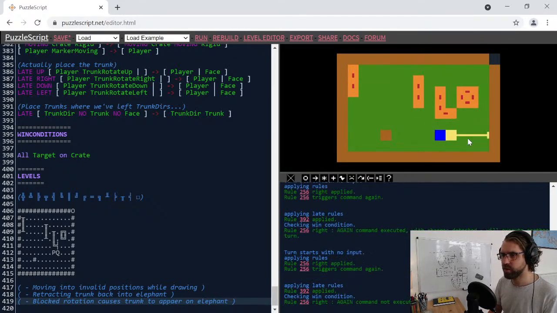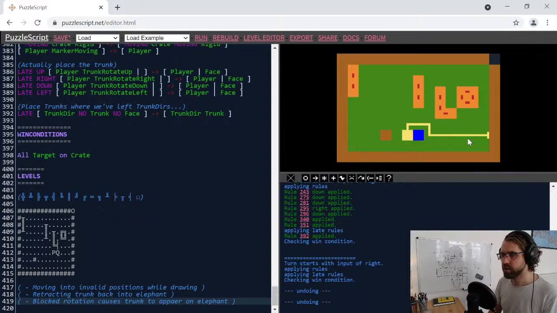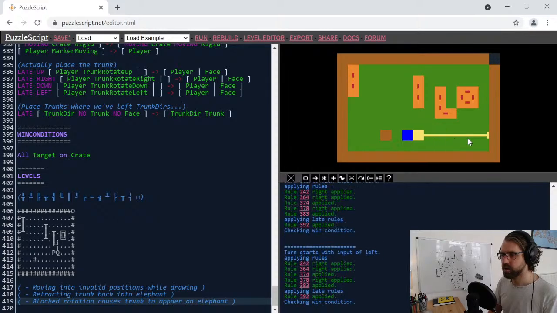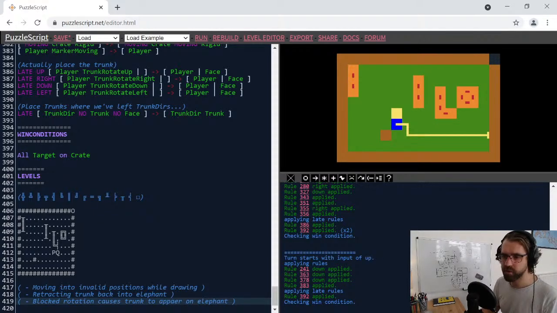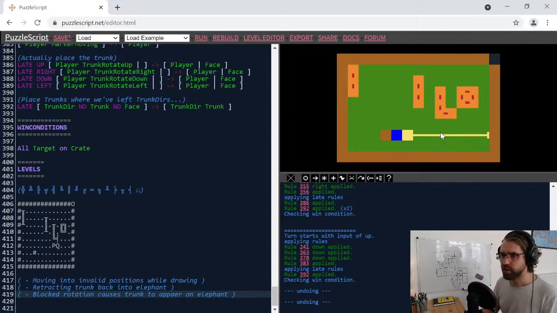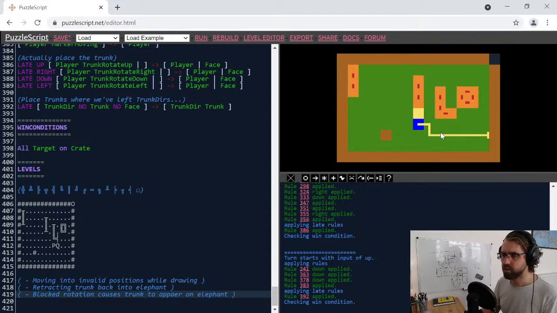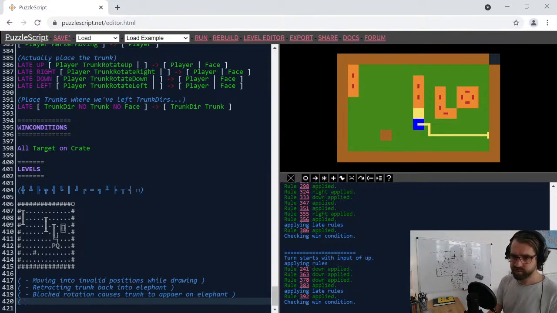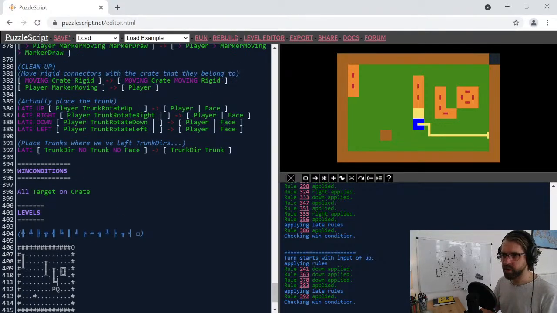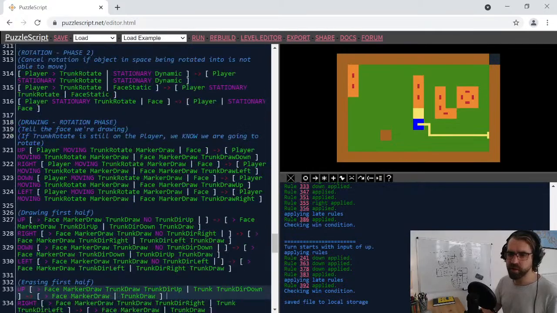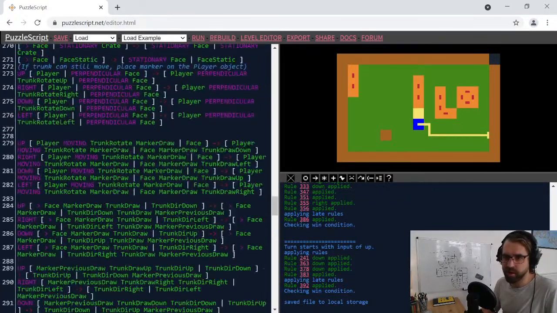The other issue I had was walking forwards after a turn. Blocked rotation caused trunk to appear on an elephant. Okay. That will just be that I'm leaving something behind at this point.